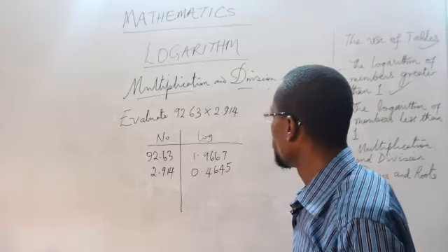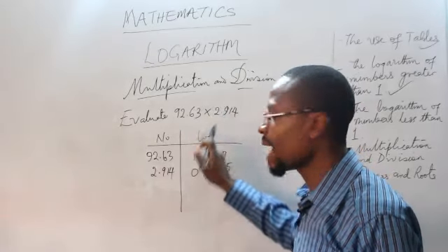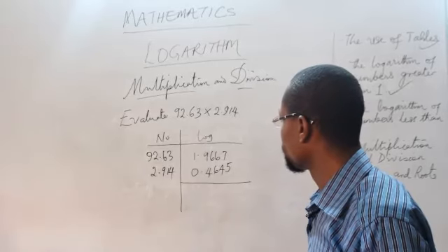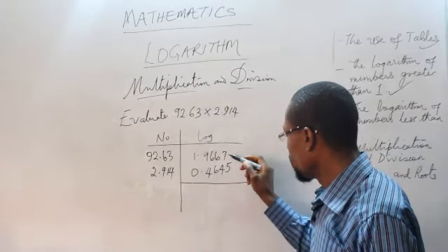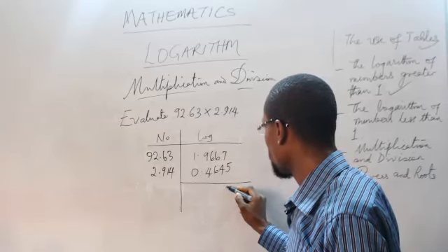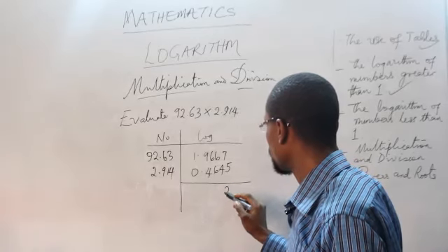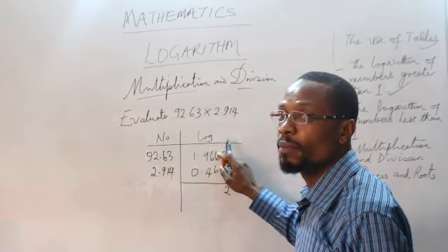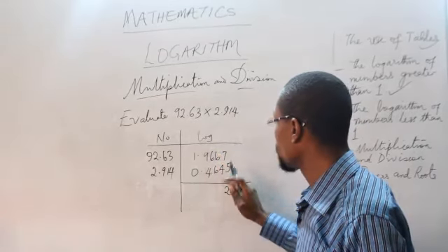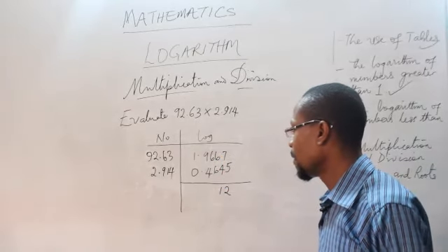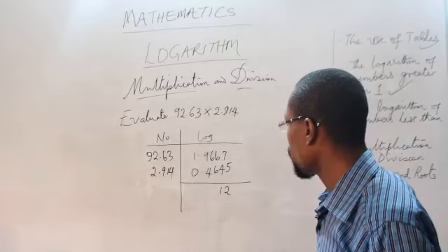And then, because we are multiplying, what do we do? We add. 7 plus 5 will give us 12. Write down 2, carry 1. Drop the 1 here, becomes 7. 7 plus 4 will give us 11. Right? Drop 1, carry 1.